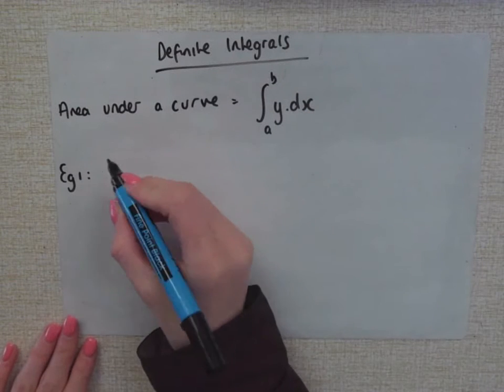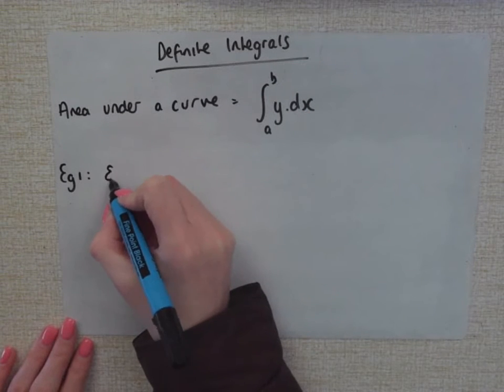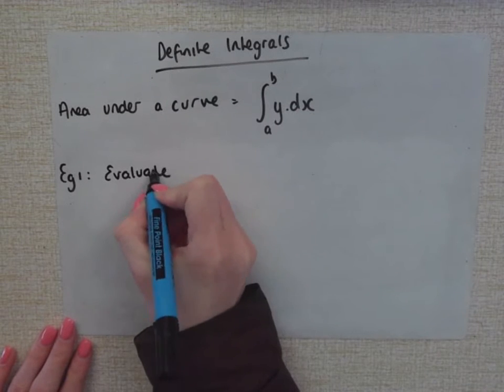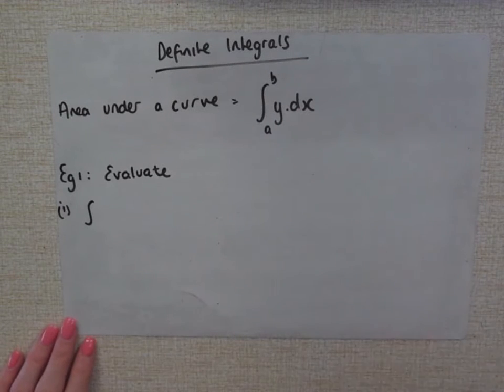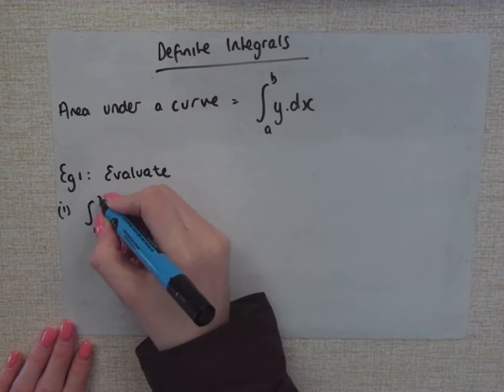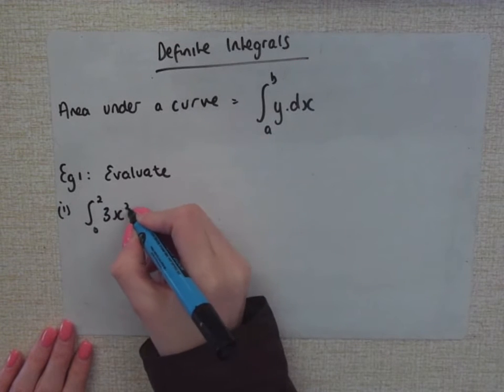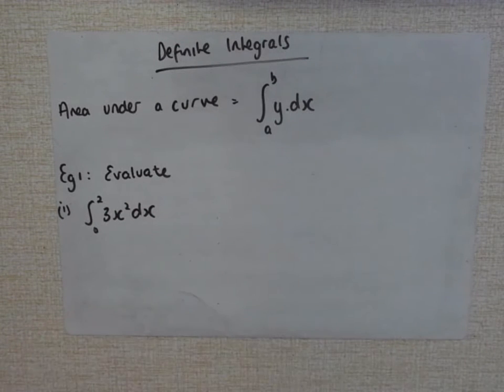So example 1. Evaluate the integral of 3x squared from 0 to 2.